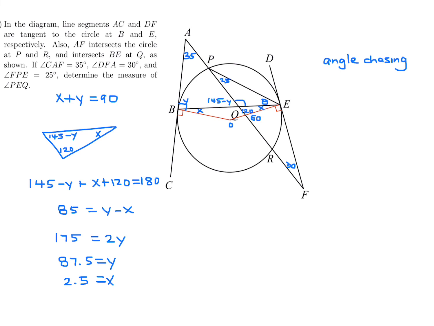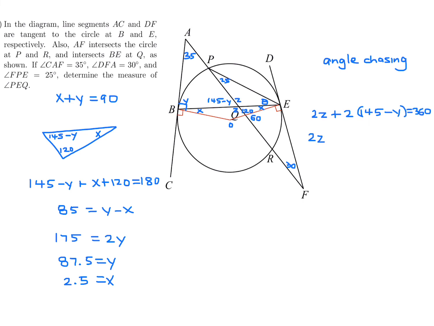Now I'm going to label this angle, I'll just call it Z, and that means this angle is also Z since it's an opposite angle. And then all these angles would be basically equal to 360. So 2Z plus 2 times the 145 minus Y would be equal to 360.